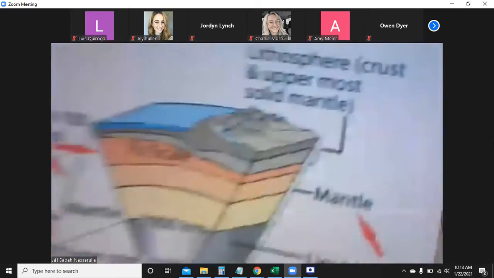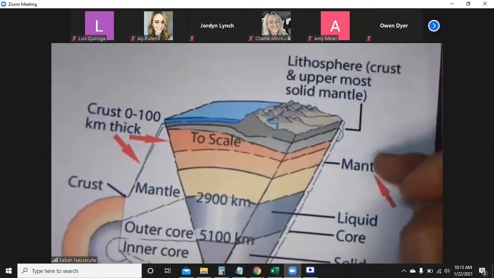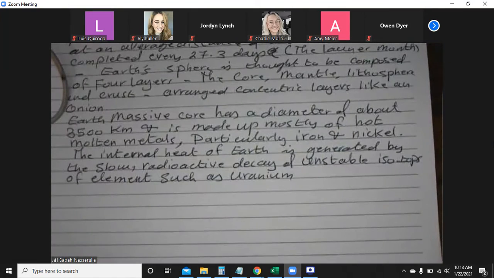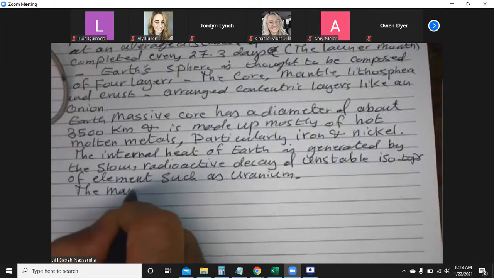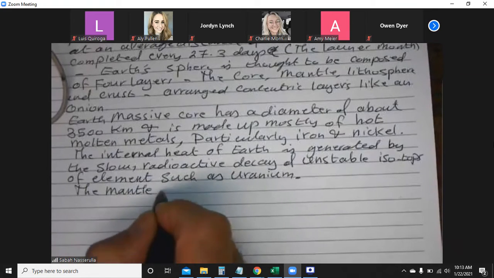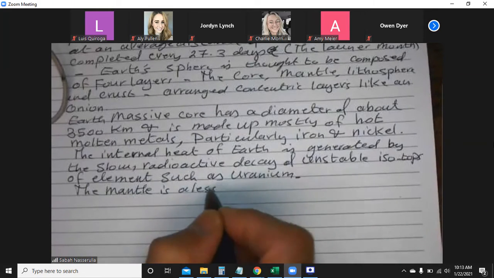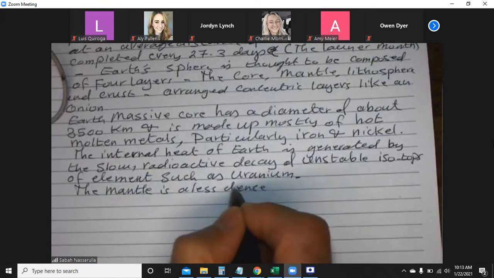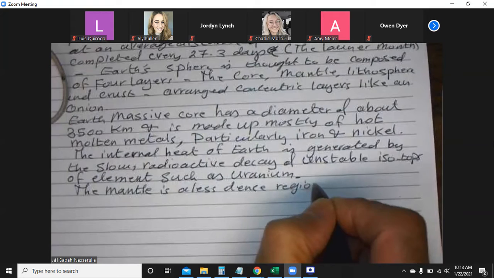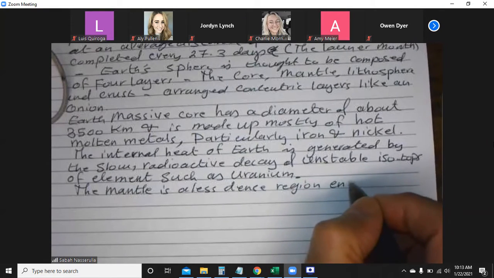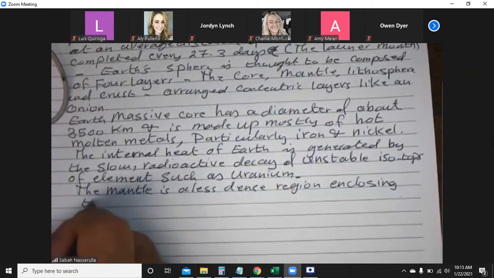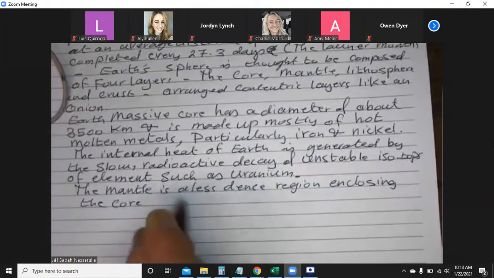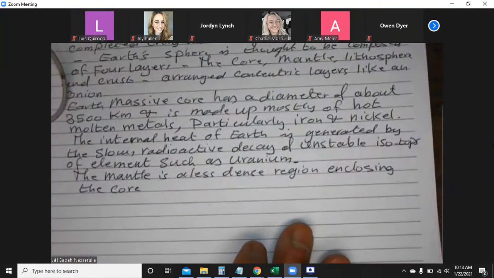Now we're going to talk about basically a little bit about the mantle here. Okay. Now, to mention, the mantle is a less dense region enclosing the core. Okay.